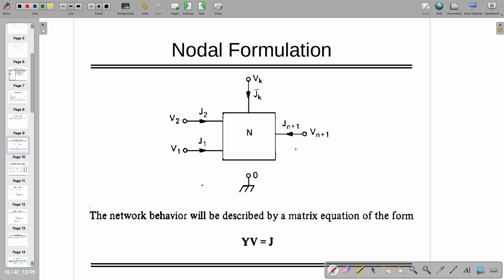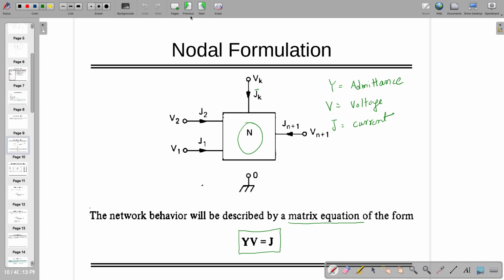There are so many voltages given, and for that there is some black box where some circuit is kept, and when you solve this, you can write it in terms of a matrix equation that will be YV equal to J, where Y is admittance, V is voltage, and J is current, right?